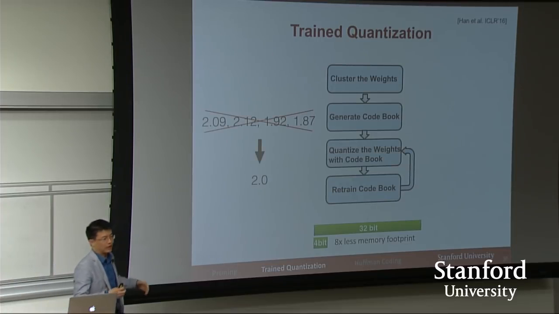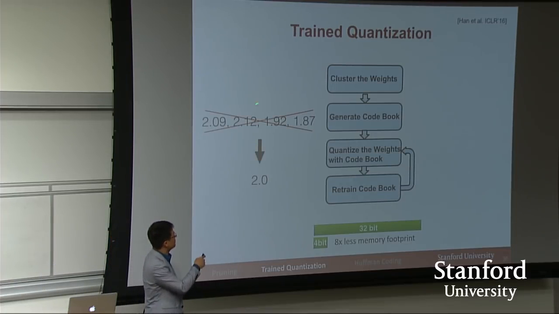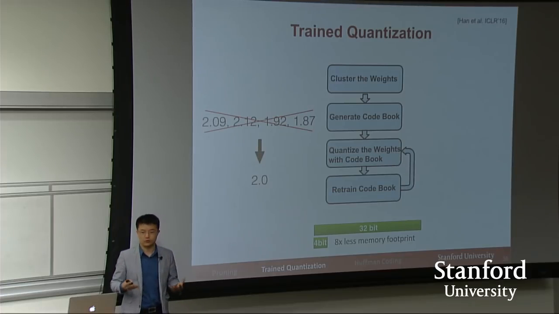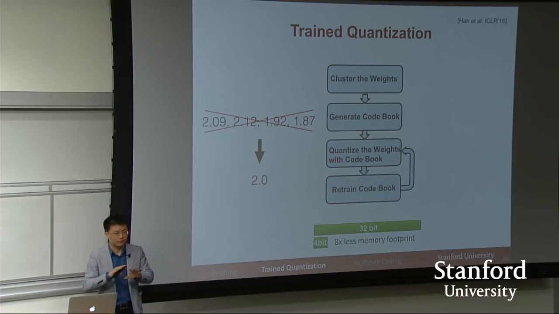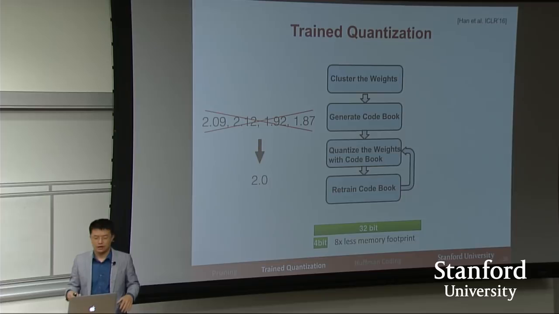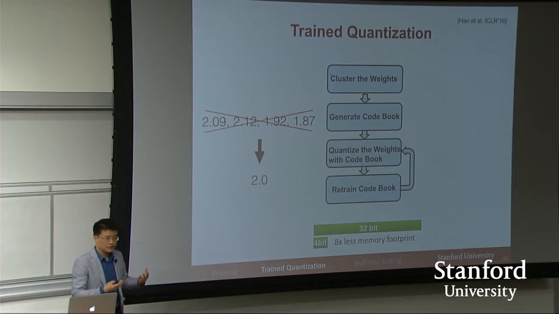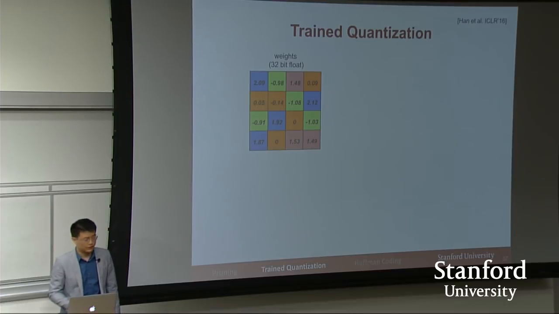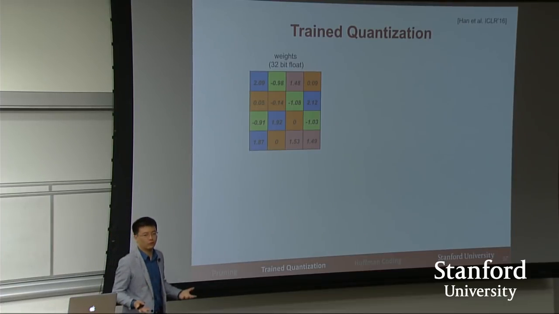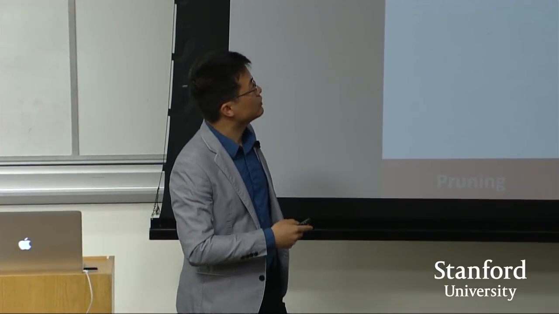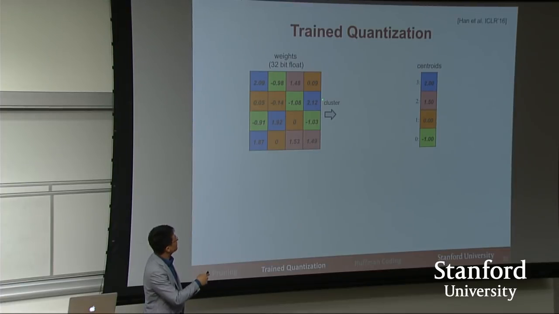So the idea is I can cluster the weights if they are similar, using a centroid to represent the number instead of the full precision weight, so that every time I do inference, I just use this single number. For example, this is a 4x4 weight matrix in a certain layer. I do k-means clustering, having similar weights share the same centroid.